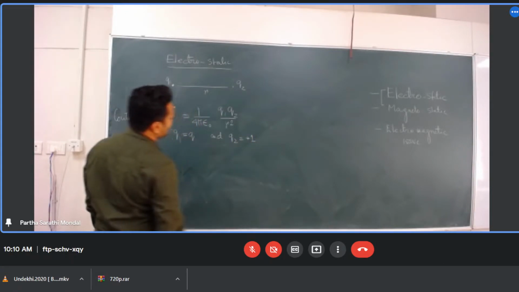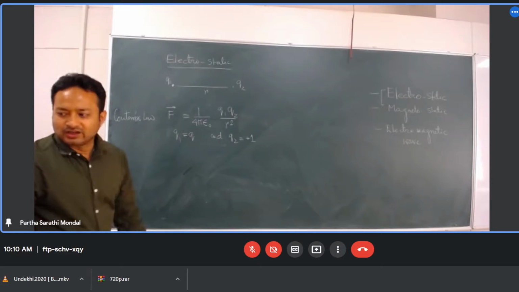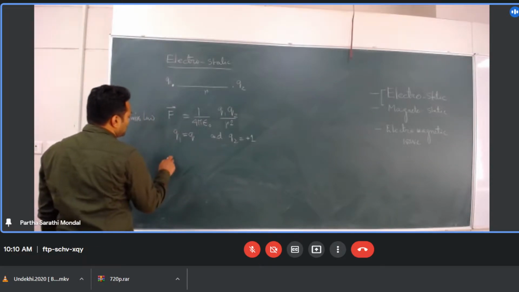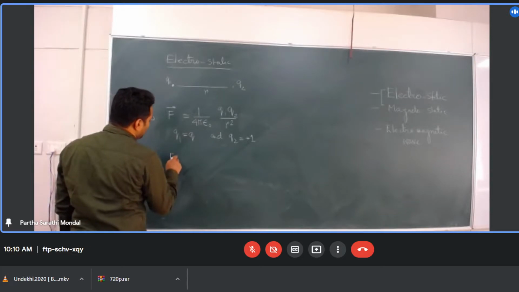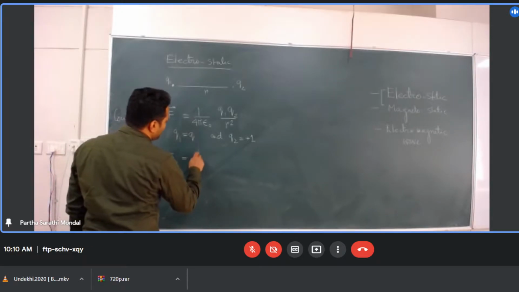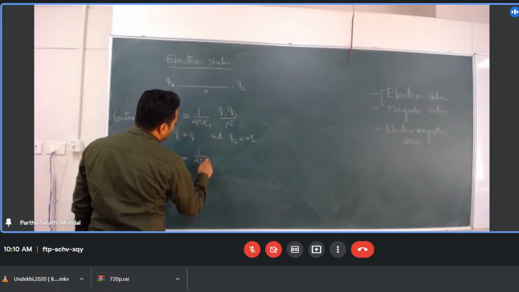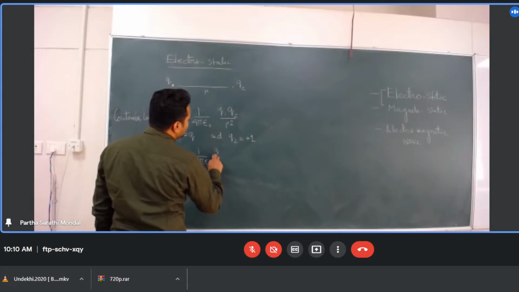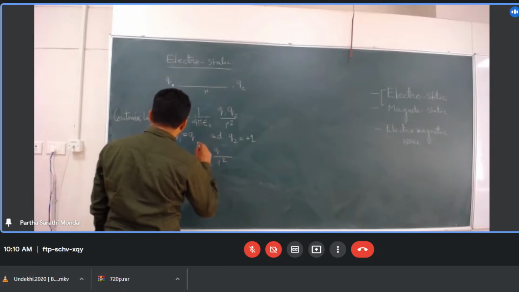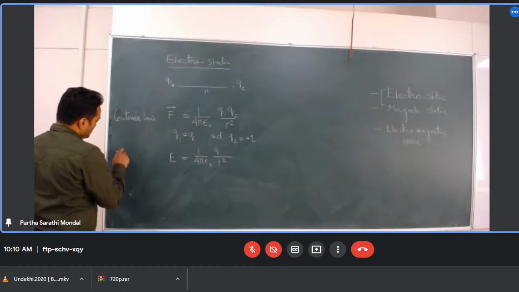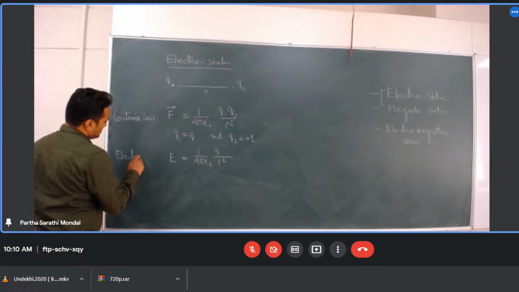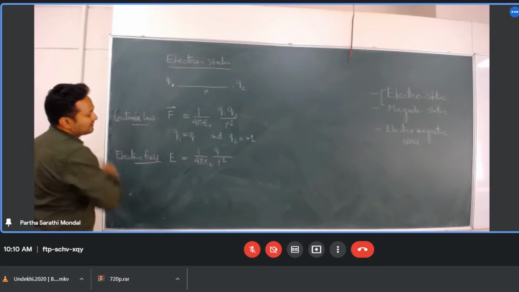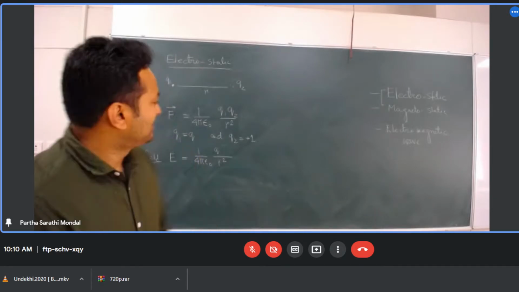charge, whatever. Okay, 1 coulomb or 1 kilocoulomb, whatever. It should be unit charge. Then this force will become field, electric field, which can be given by 1 over 4 pi epsilon 0, let's say, Q divided by R square. इसको बोलते हैं electric field. ये पढ़े ना हम लोग, okay?